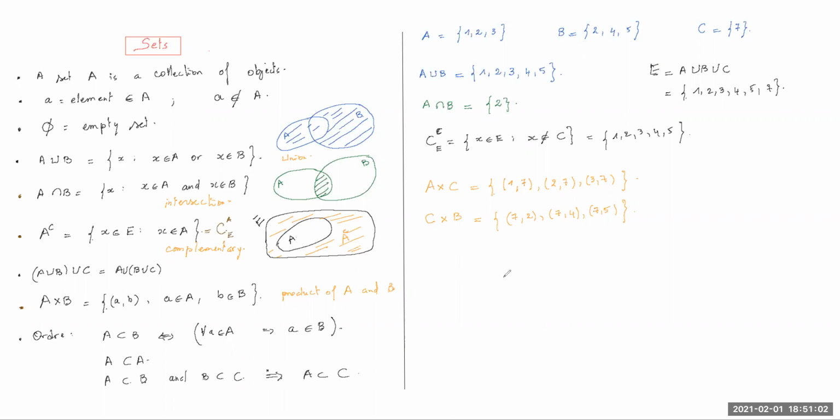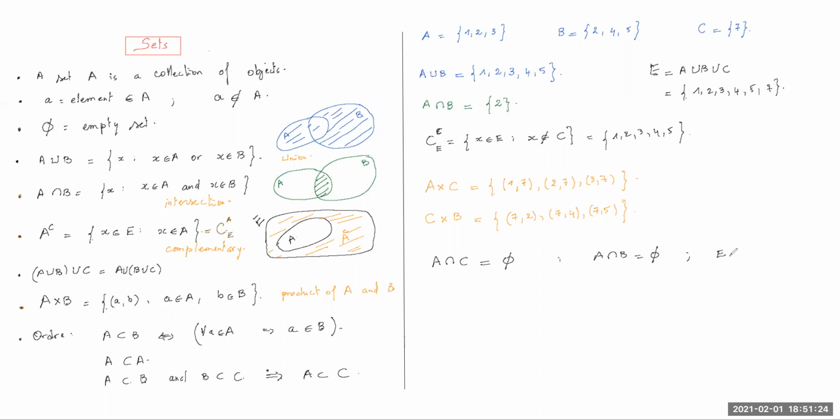So for example, here I can see, what about the intersection? E intersect C is empty. I can see that A intersect B is empty. What else?